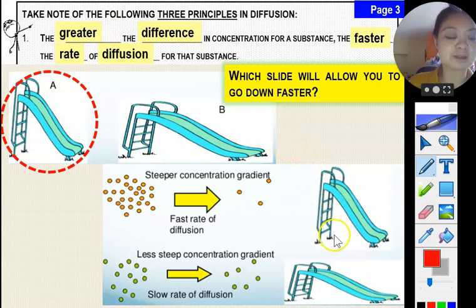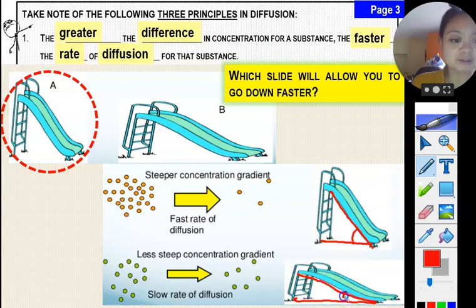If I were to draw this as an angle versus this as an angle, which angle is actually greater? A or B? A, right? So if the angle is greater here, that means the slope is actually steeper. So you travel down faster.